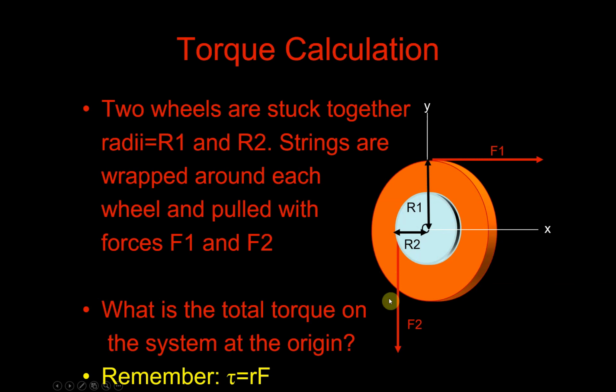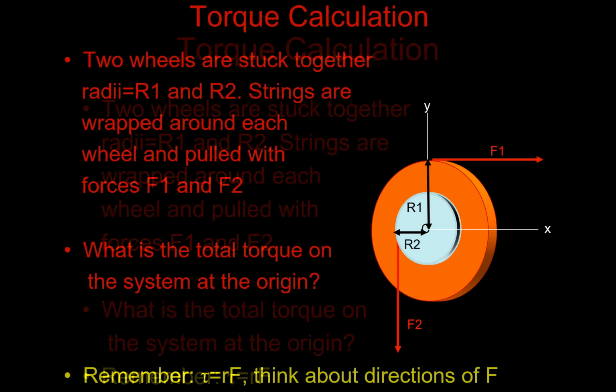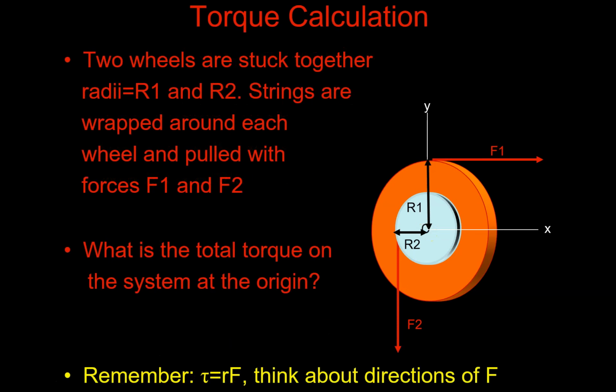The question is, what's the total torque on the system at the origin, right at the center? And remember, torque is equal to R times F. So you do have to think about the directions of F. And the error that most people make here is to simply calculate two torques and add them up. Now, that's not incorrect, but what you have to remember is the torques will be in opposite directions.